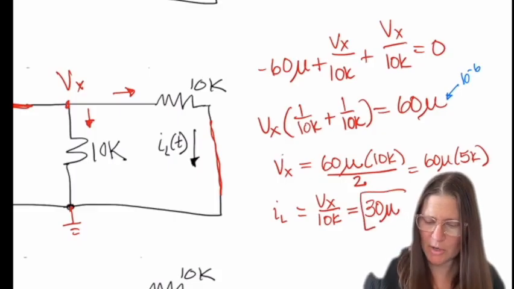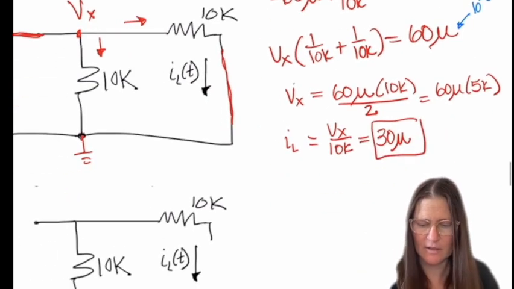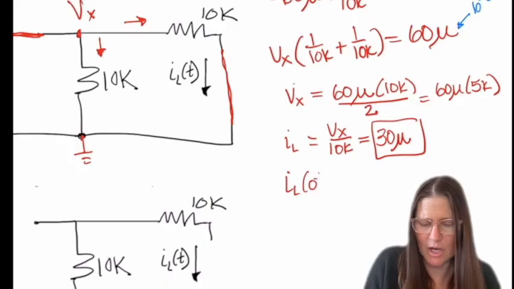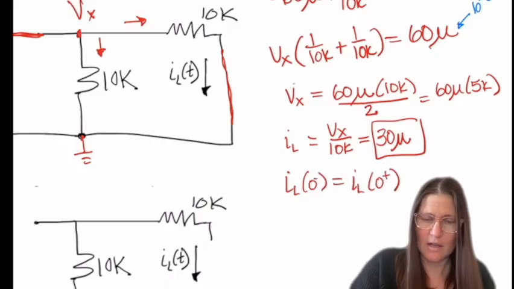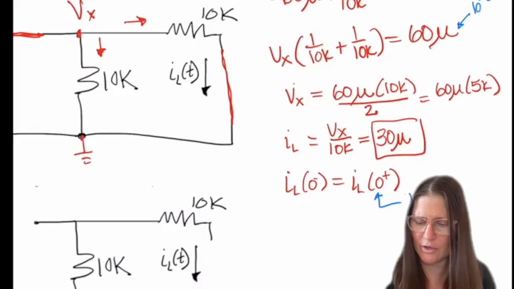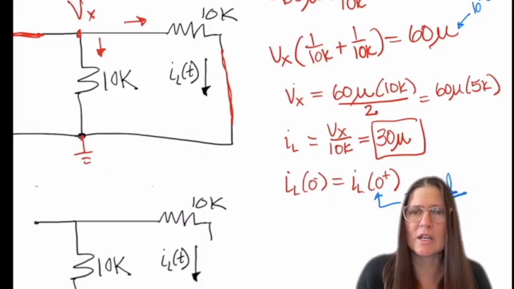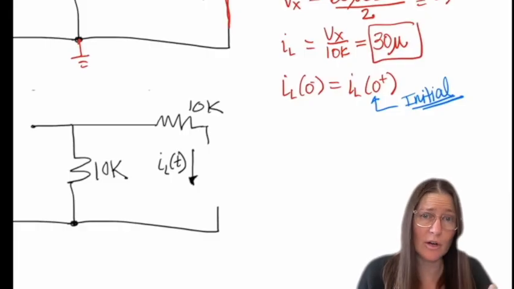So this will be my initial value because IL at 0 minus equals IL at 0 plus. And remember that the 0 plus is where your initial value comes from. So if I was doing a variable within the circuit, I would use the 30 micro.